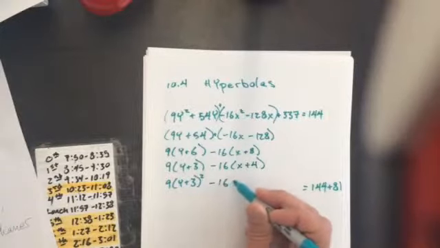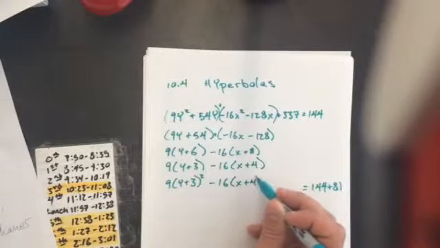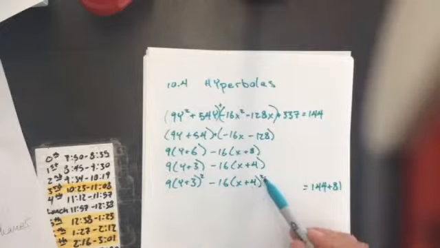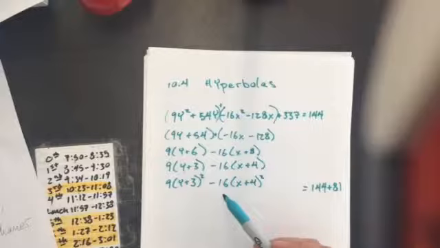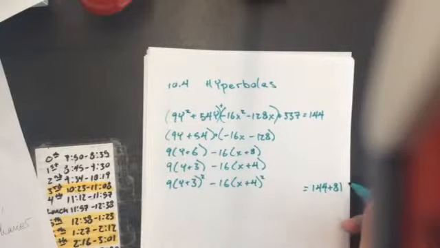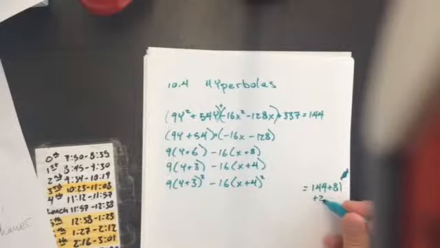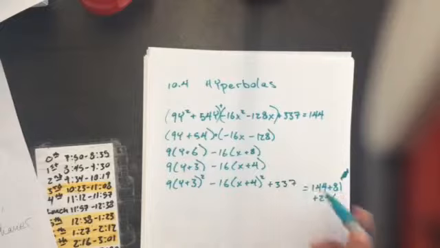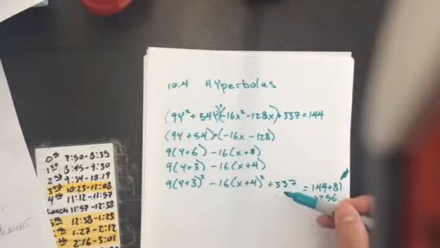We're going to square it. When I square this, I added a number to this side, which is 4 squared is 16, times 16 is 256. So I have to add that to the other side. I'll put it underneath. And I still have plus 337 right here, which came down from the top.